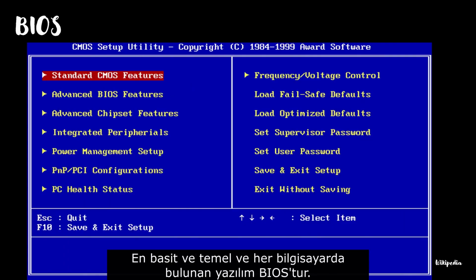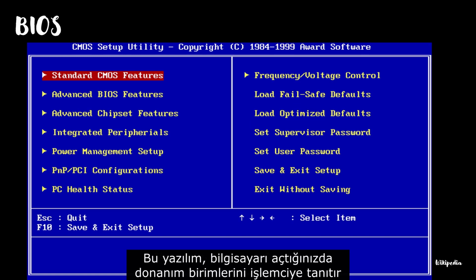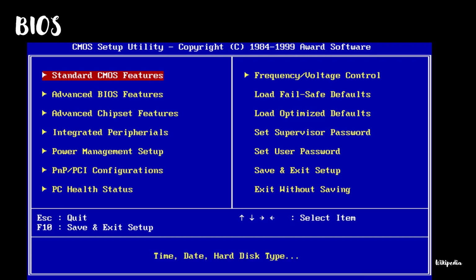The most basic or fundamental software that is included in all computers is BIOS, meaning Basic Input-Output System. This introduces all hardware components to the operator right away when you turn the computer on. Or we can say that it determines the basic communications among the hardware as well.